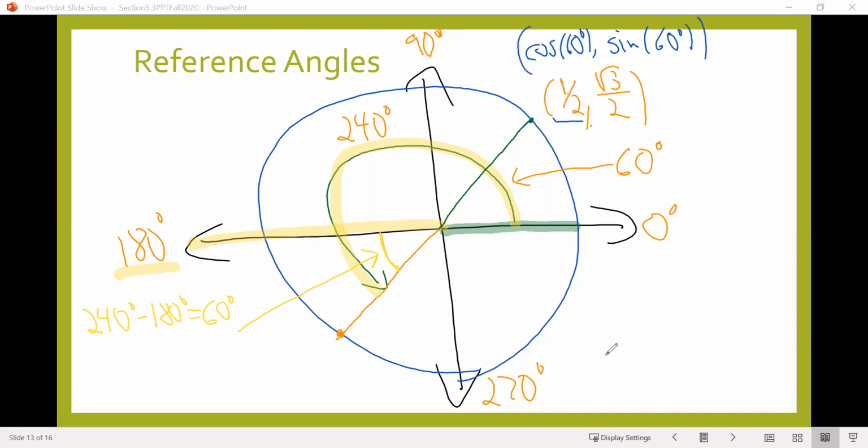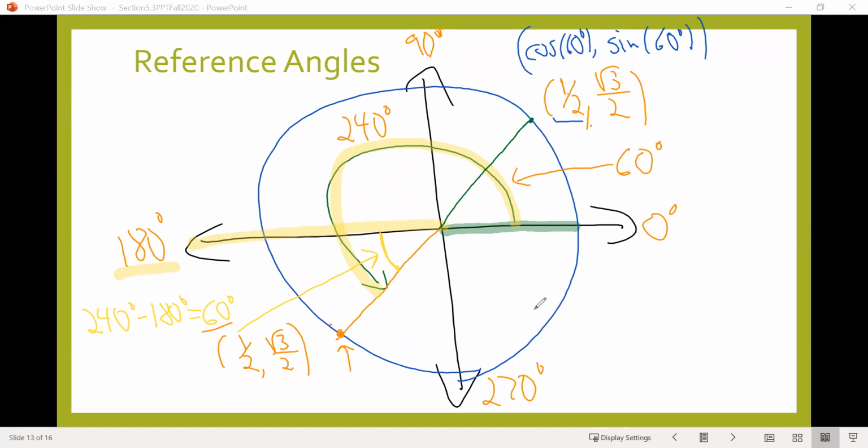Okay, so then for 240 degrees, what we know is that the x and y values right here at this point will be the same as the x and y values for 60 degrees. So they'll be 1/2 and root 3 over 2. However, the signs will be different. And can we think about what the signs will be here for these?